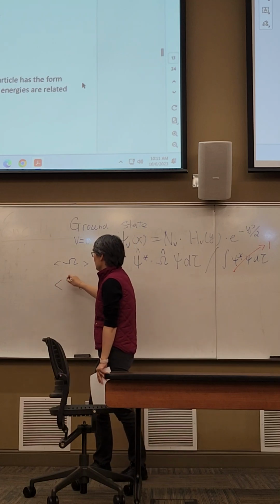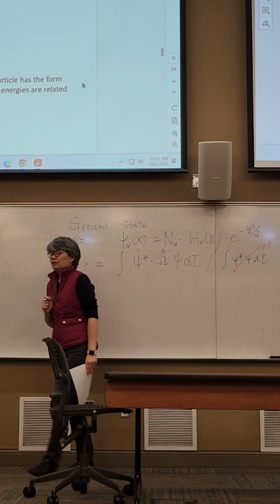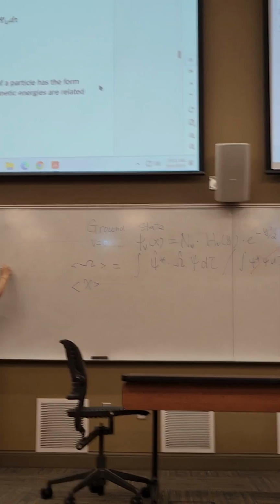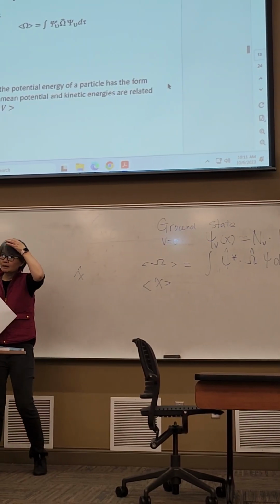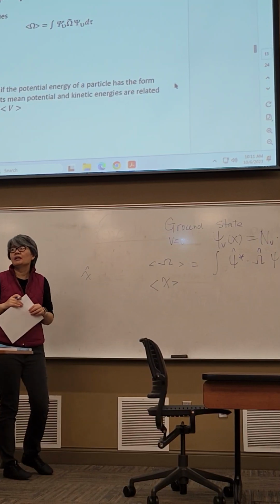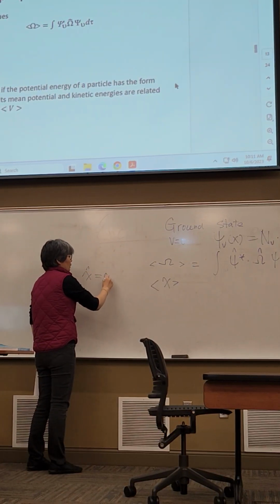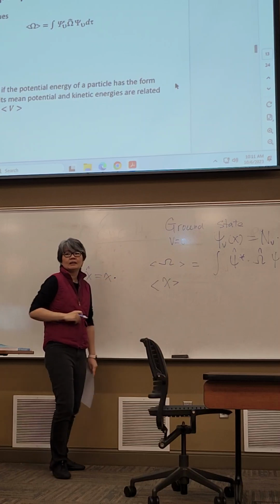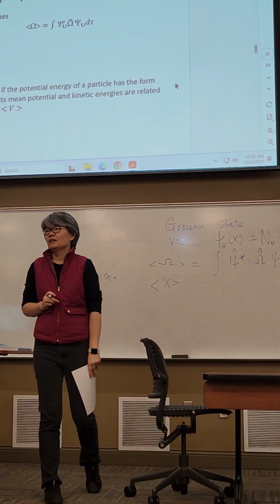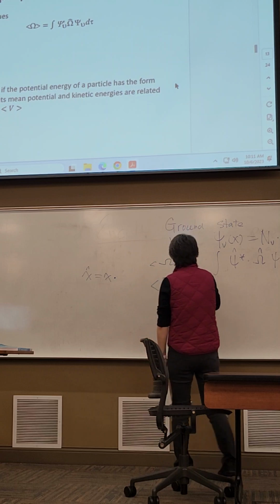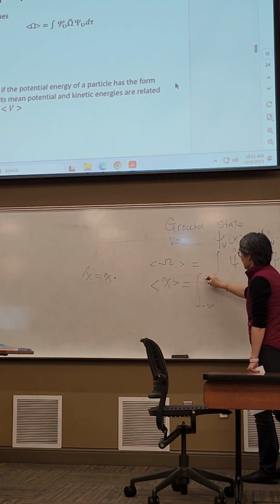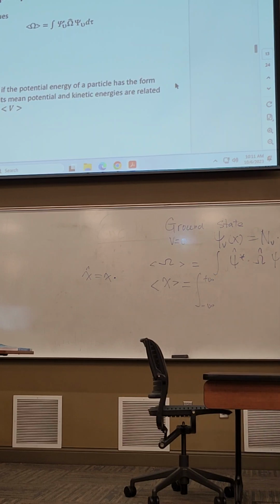We're interested in the average position. Now, what is the position operator? x. The position operator is just a variable on our axis, and it is a multiplication. So now let's plug it in. This is x from negative infinity to positive infinity.